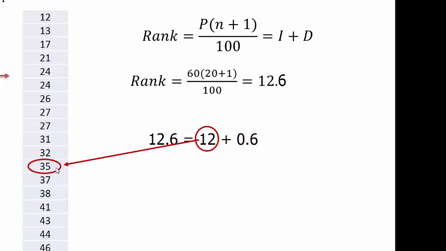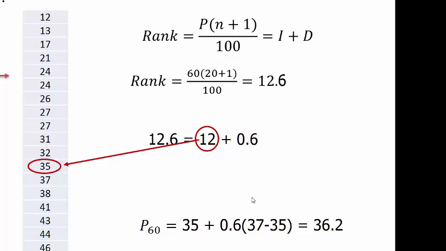Therefore, my 60th percentile will be 35 plus 0.6. This is the interpolation between my 12th observation and my 13th observation. So 0.6 times the difference between the two, 37 minus 35. That will give me the 60th percentile as 36.2.